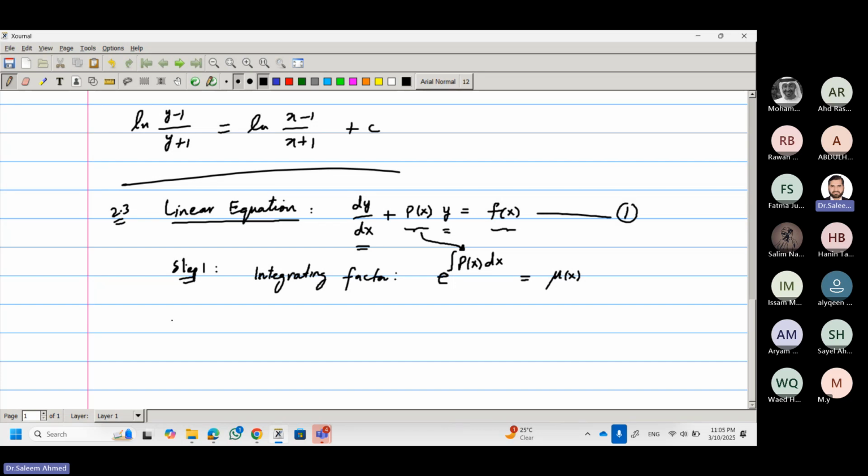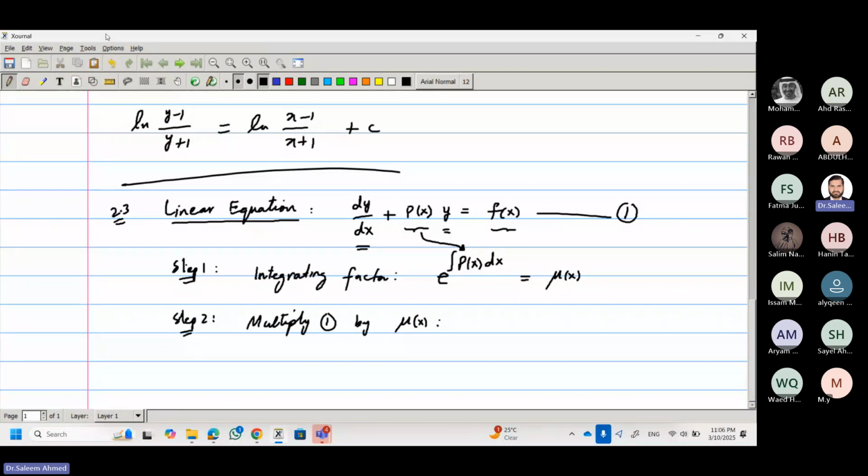Then step two is multiplying the equation by the integrating factor. Multiply equation 1 by the integrating factor, whatever you get.